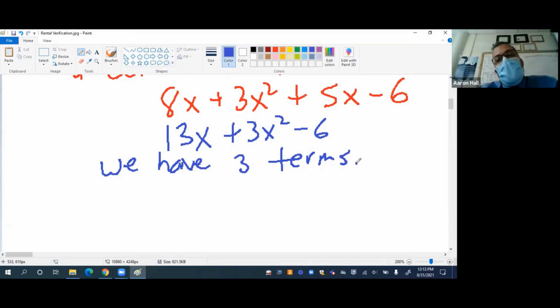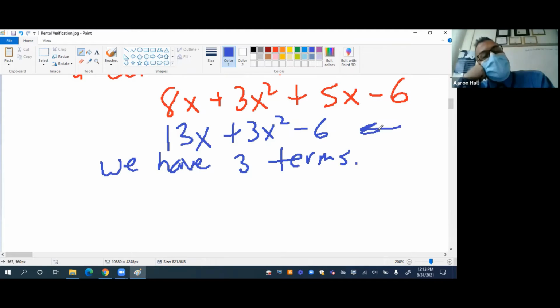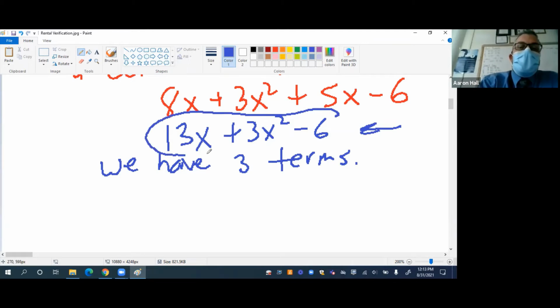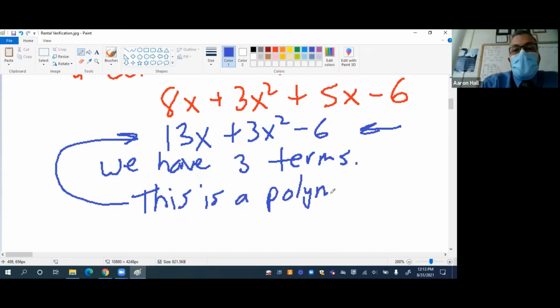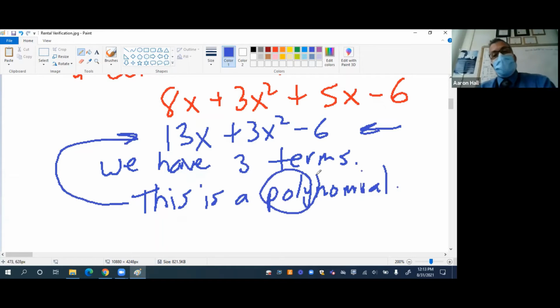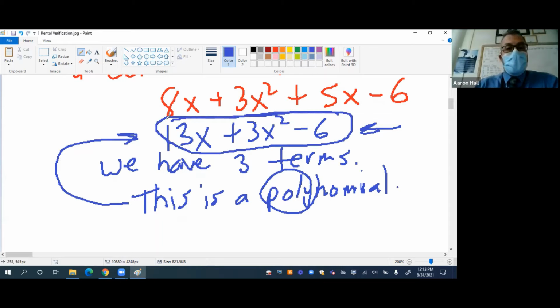So what do we call this? It is a polynomial. What does poly mean? It means many. There's many what here? Terms. There's many terms.